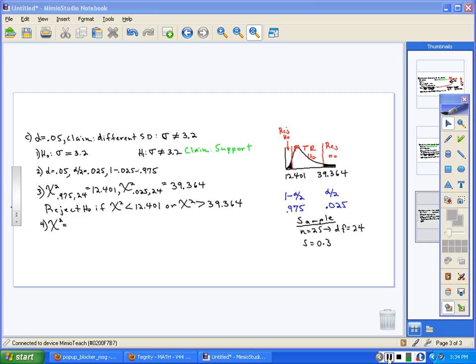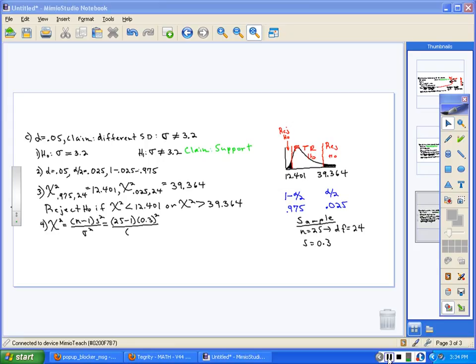Okay, step 4 is the test statistic. Chi-squared, the last one in the chapter 8 box. It's n minus 1 times s squared over sigma squared. So that's 25 minus 1. S is 0.3 squared. And then in the denominator, sigma is the population number.